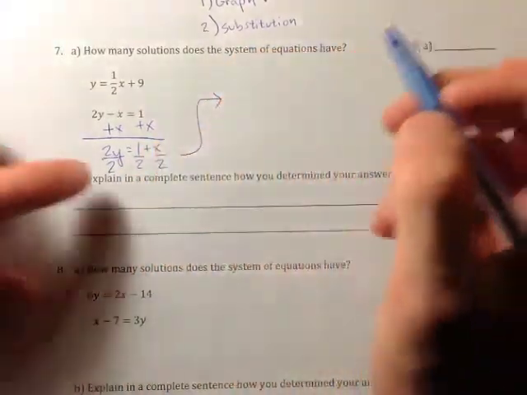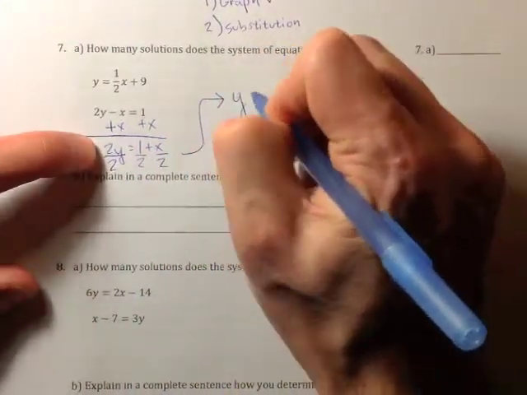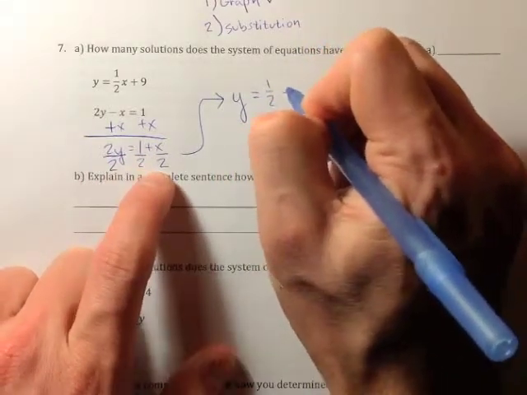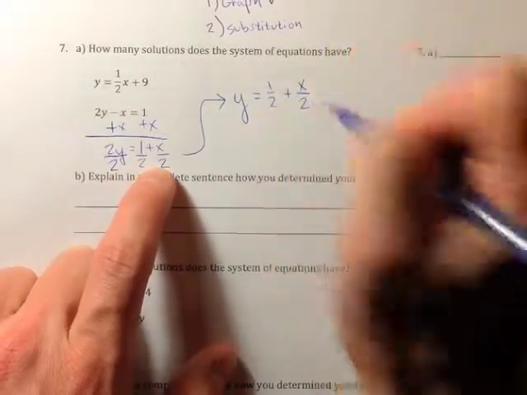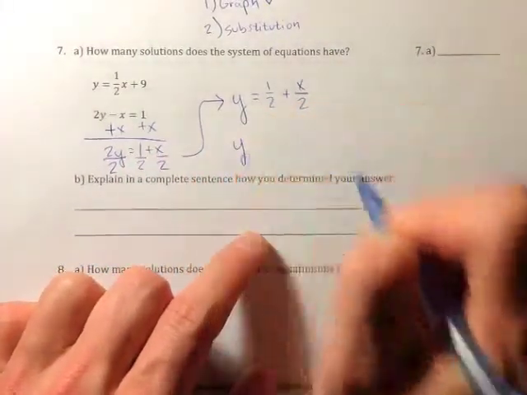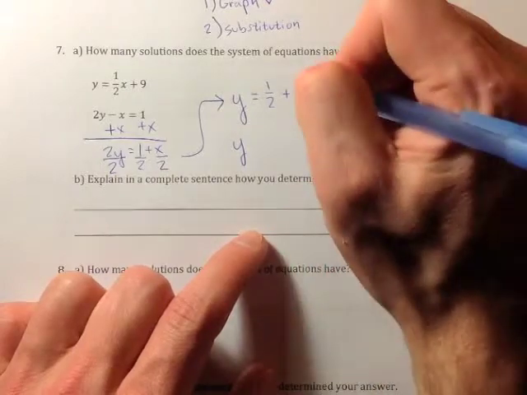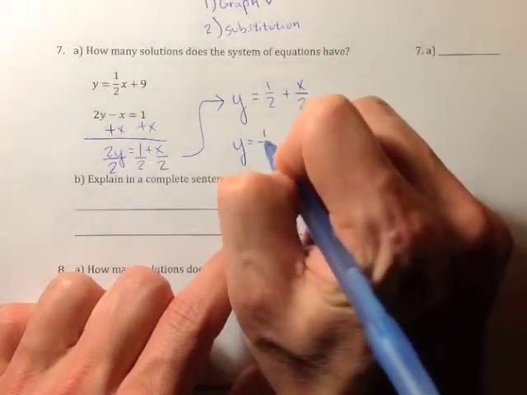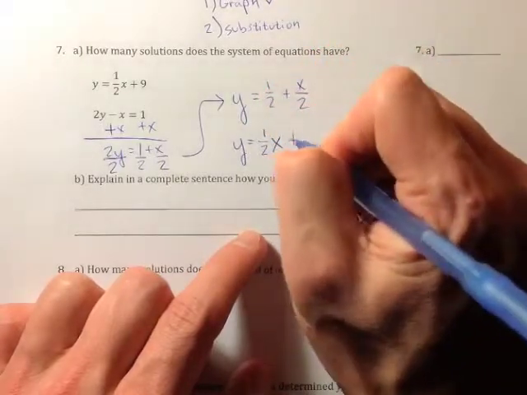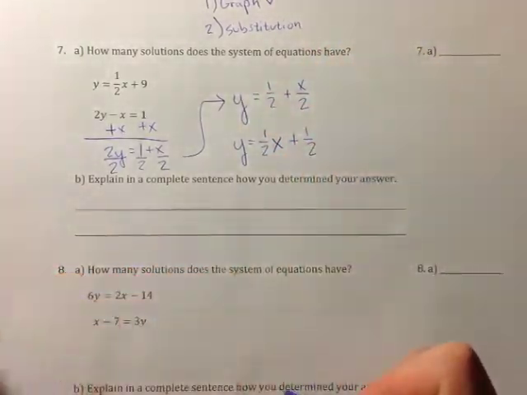So this equation is going to be y equals 1/2 plus x over 2. Now I'm just going to rearrange this so that it looks like it's in y-intercept form again. X over 2 is the same exact thing as 1/2 x, and then plus 1/2 is the y-intercept.